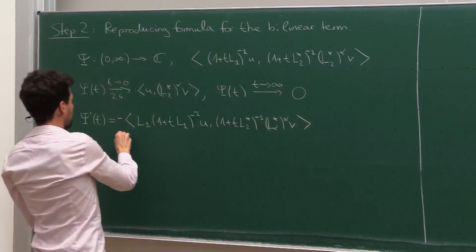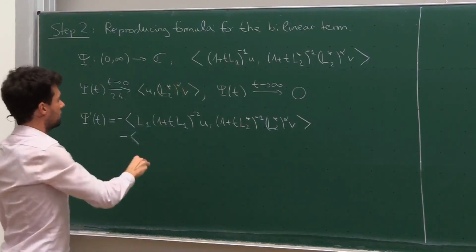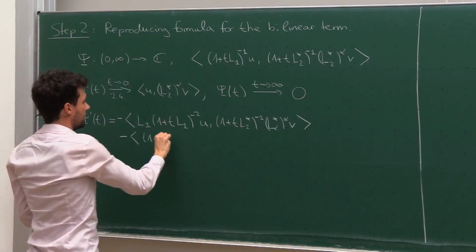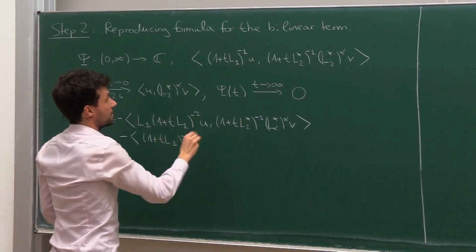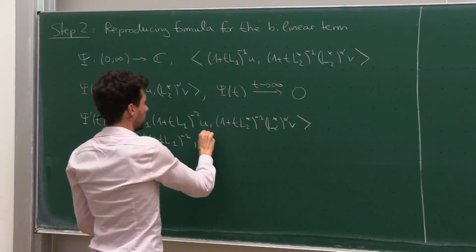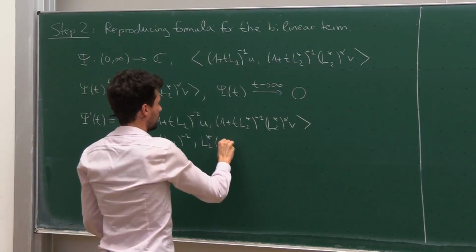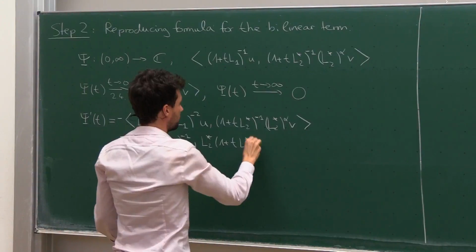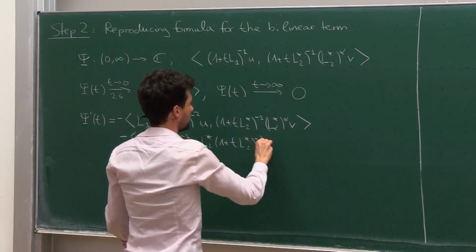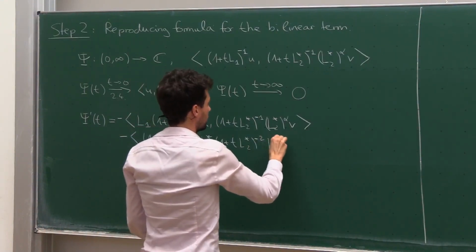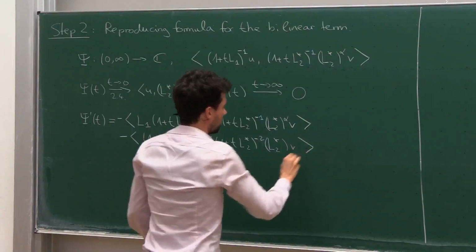And then I play the same game on the other term. It's exactly the same thing that happens, except that I get a different operator to the front, and I have to increase the resolvent power by 1, so it gives me minus 2, and that gives me L2 star of v.